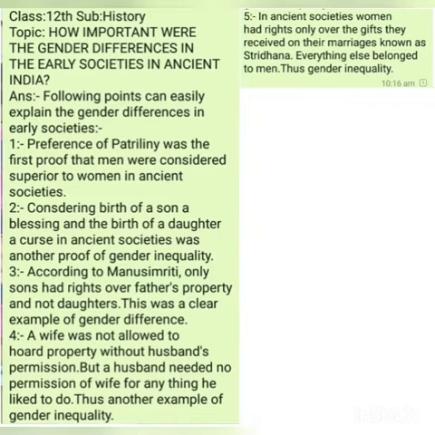Number four, a woman in ancient times was not allowed to hoard, means collect, assemble property, family property or precious things without the permission of her husband. Means that in ancient times, if a woman wanted to collect some property for her own self, she could not do that if her husband did not give permission. She could hoard wealth only when her husband gave her permission.